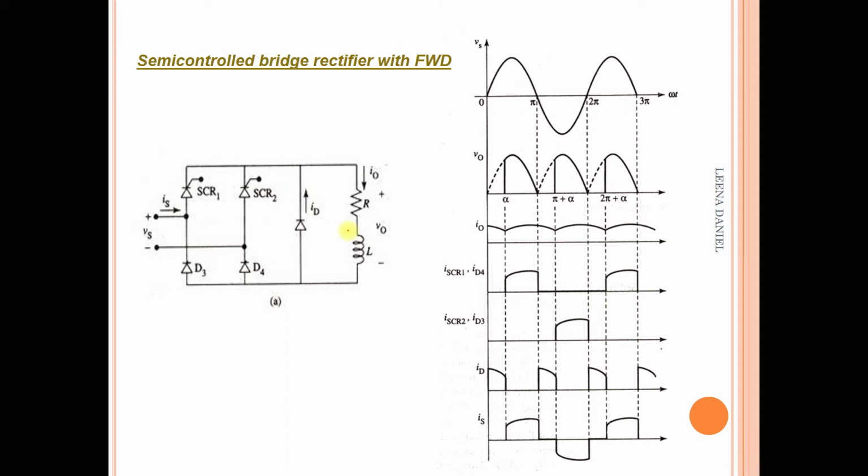Here we can see that if this SCR is in forward bias, this diode is in forward bias, but if this SCR does not turn on, we will not get the output, this diode will not flow current through the load. So this combination is easier, it is also easy to control. So these semi-controlled rectifiers are also prominently used.